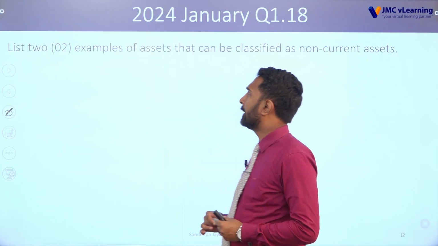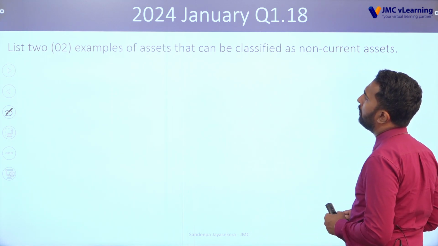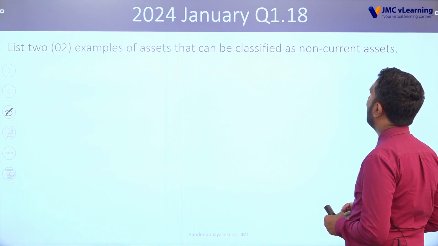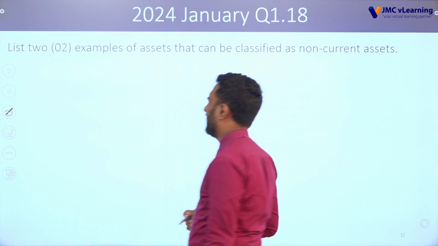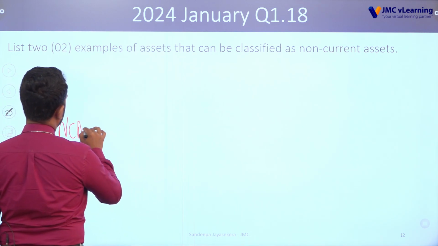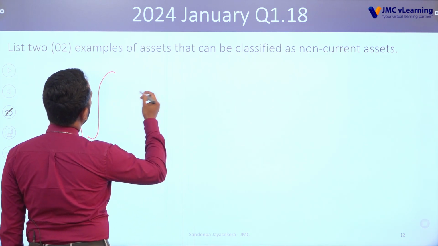Okay, right. So let's see a question from the 2024 January paper. List two examples of assets that can be classified as non-current assets. Very easy, right? So they are asking for non-current assets. Two examples.